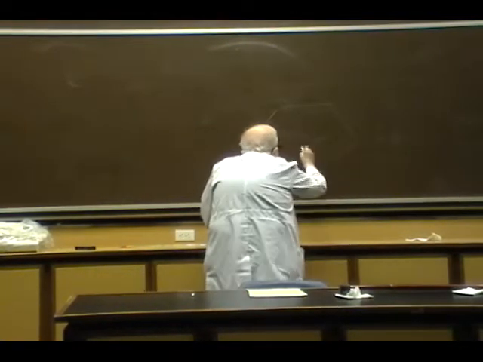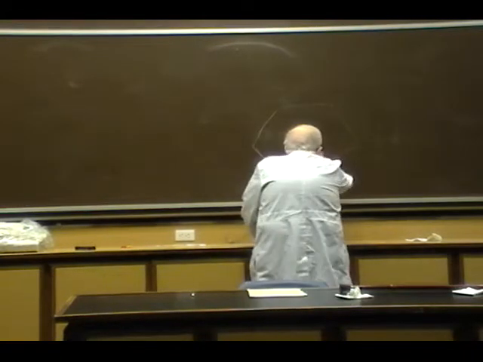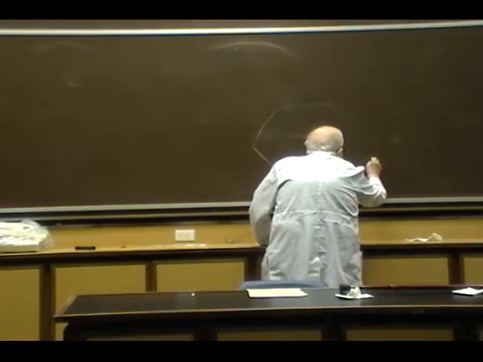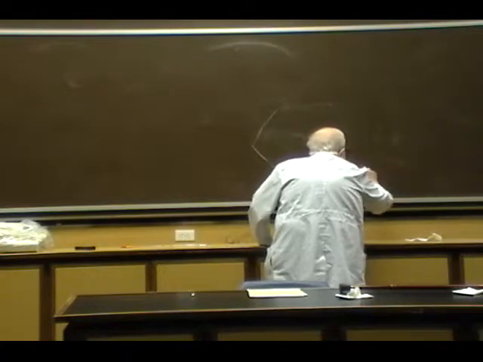In the center of each lobule, there is a blood vessel. And this blood vessel is called a central vein.